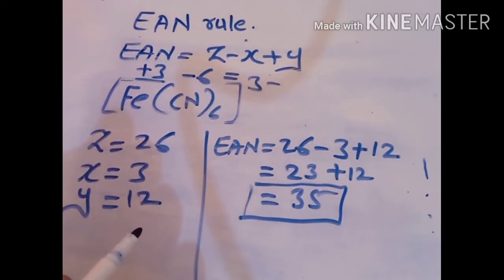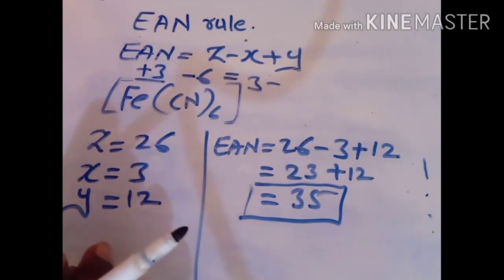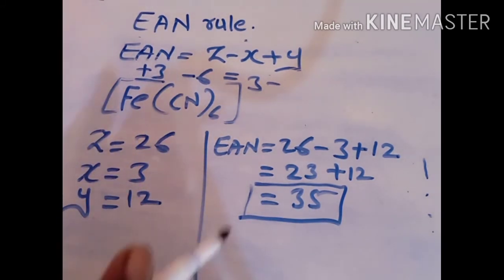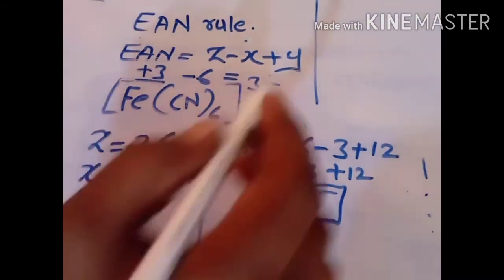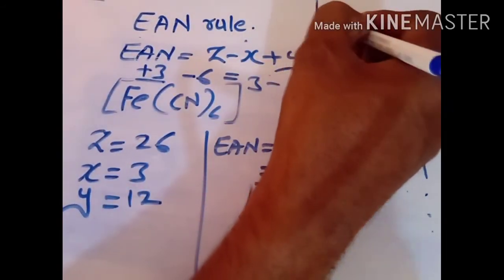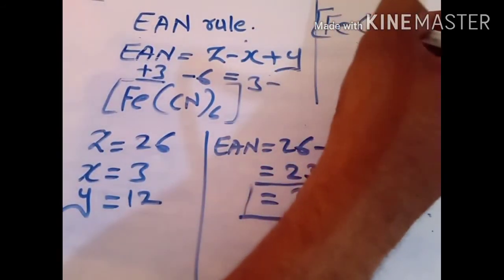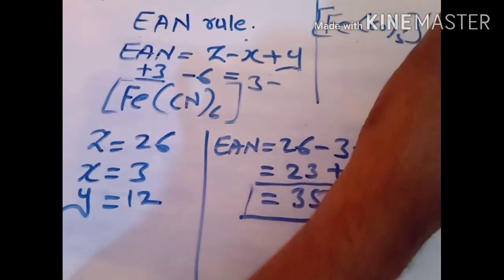Now I will give some examples. Try to solve them at home, and if you have any answer, then write to me in your comment box. The examples are Fe(CO)5.